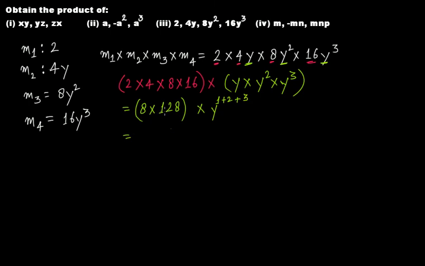Okay, this 8 times 128 can be written as 8 times 8 is 64, and so on, 1024, multiplied by y raised to the power of 6, 1024 y raised to the power of 6.